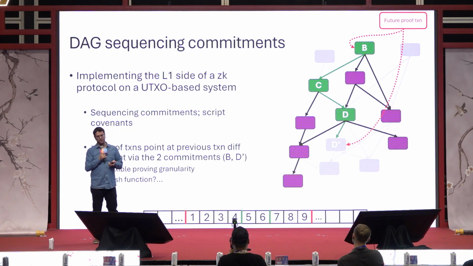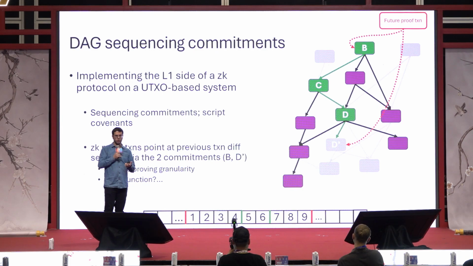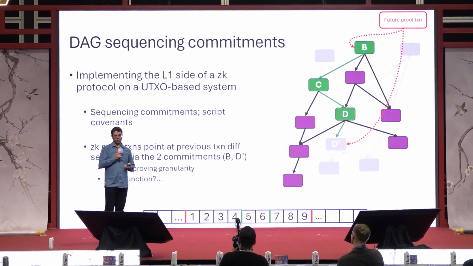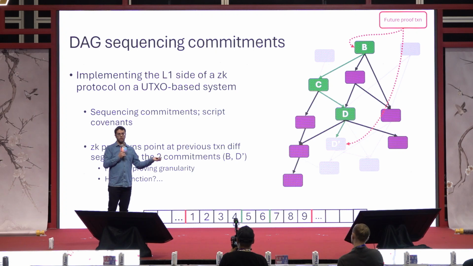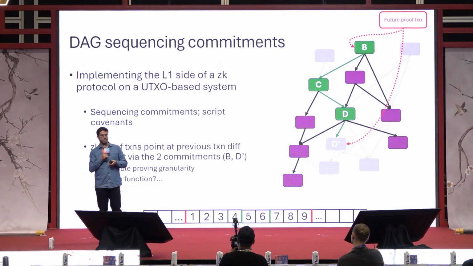Another significant part of being able to support a zero knowledge proving system on L1, as the verification side of it, is what I mentioned before, script covenants. So Crescendo includes basic covenants. We might need to extend the covenant support before zero knowledge is deployed.